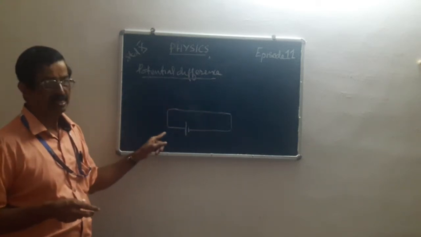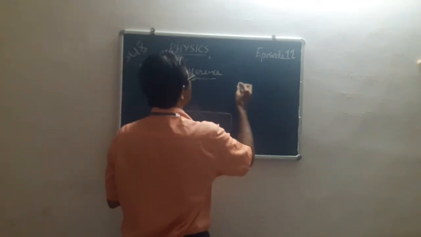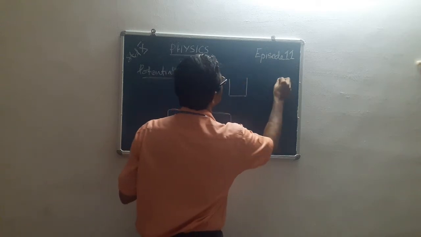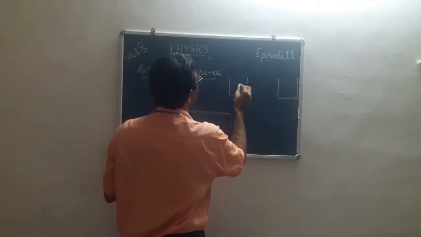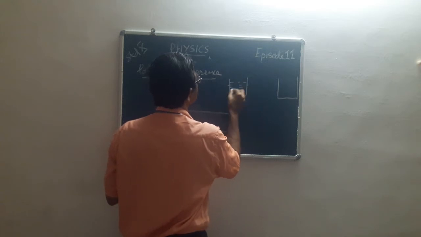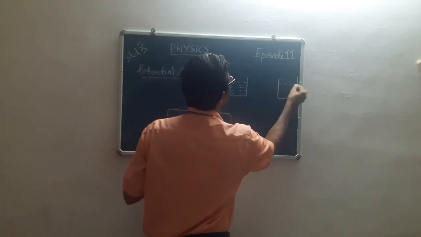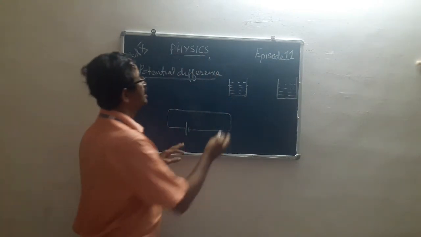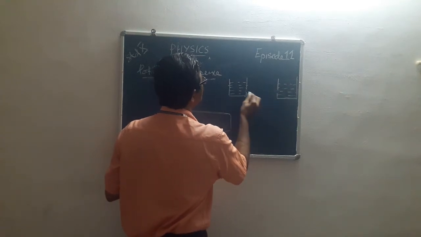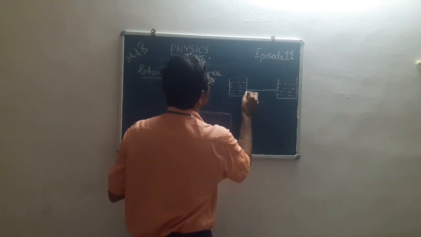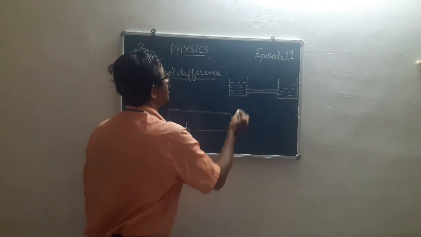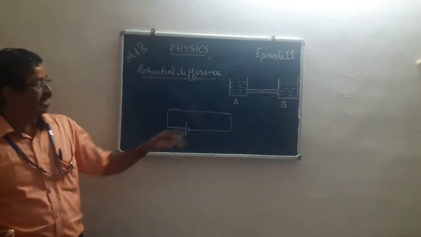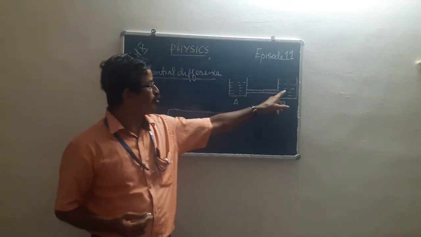Then what will happen? See, here are two beakers with the water level the same. If we connect a tube in between these two, can the water from A flow to B?